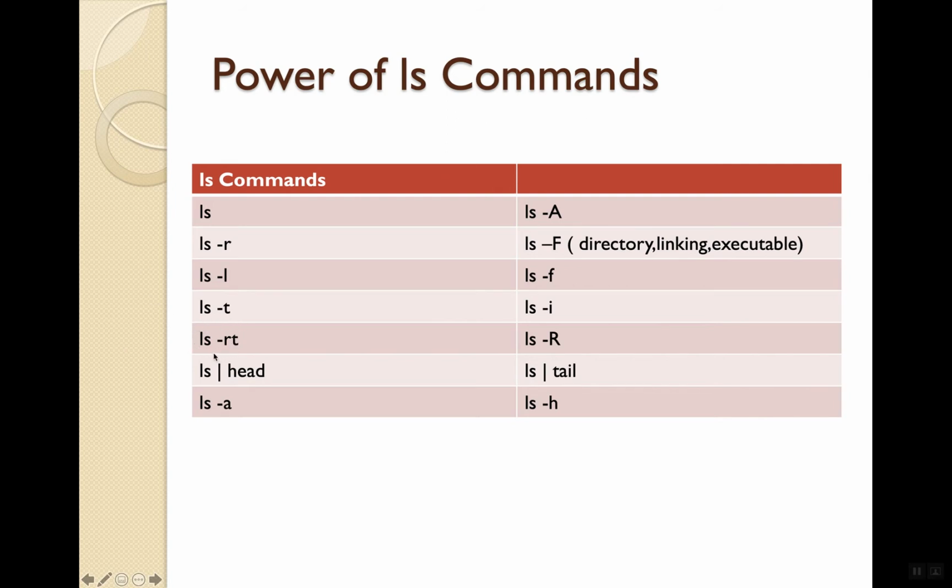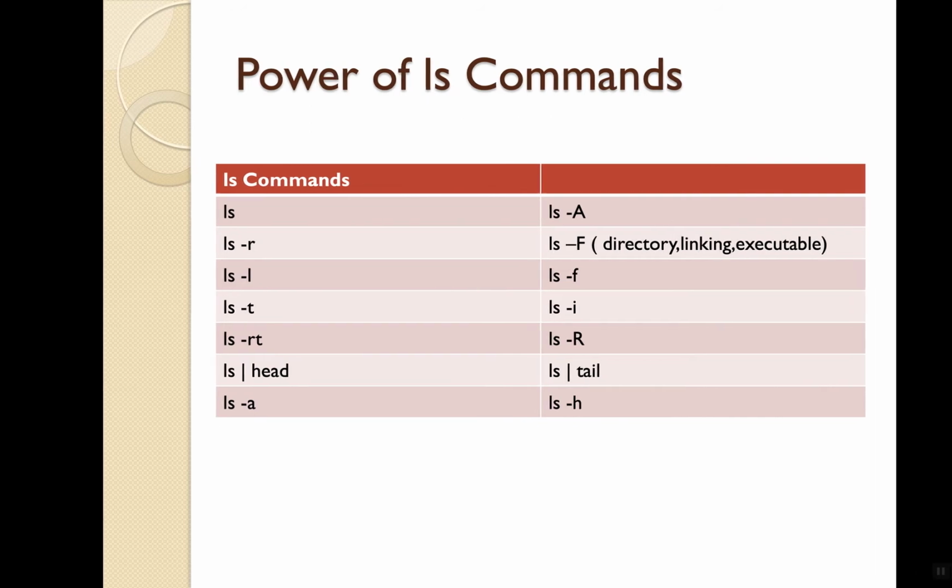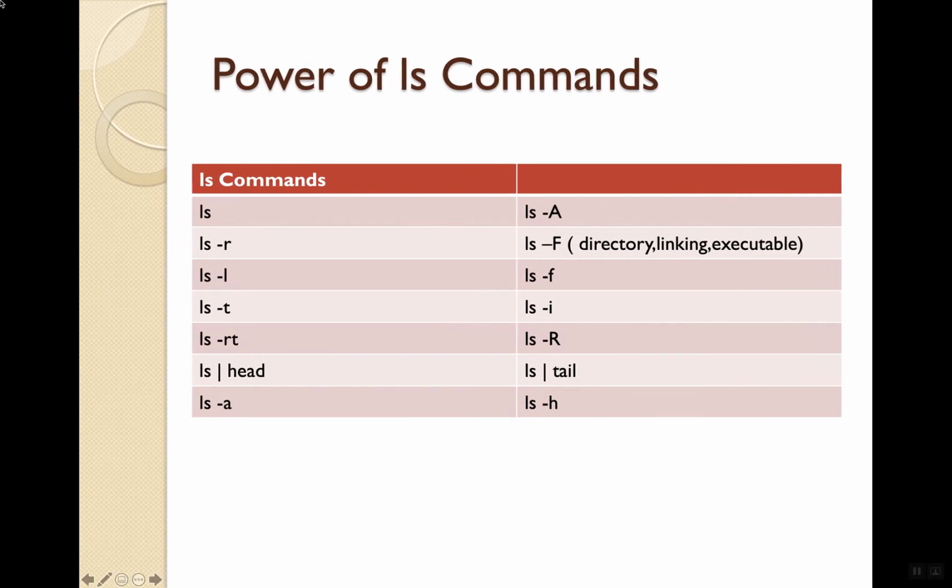Then ls, followed by this symbol, which is the pipe symbol, and the head command, is used to display entries in your folder. If you have 1000 folders and I want to display the top 10 records or top 5 records, then I can use the head command. Then we'll see the demo of these ls commands in the Unix system.